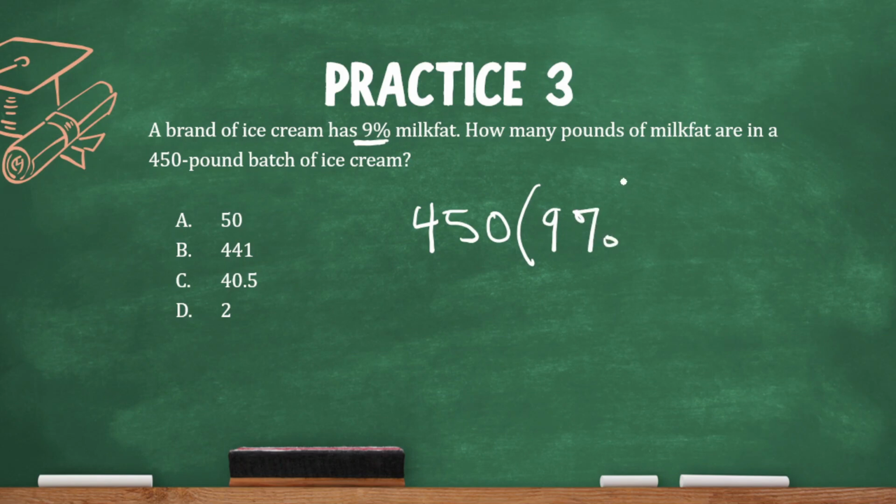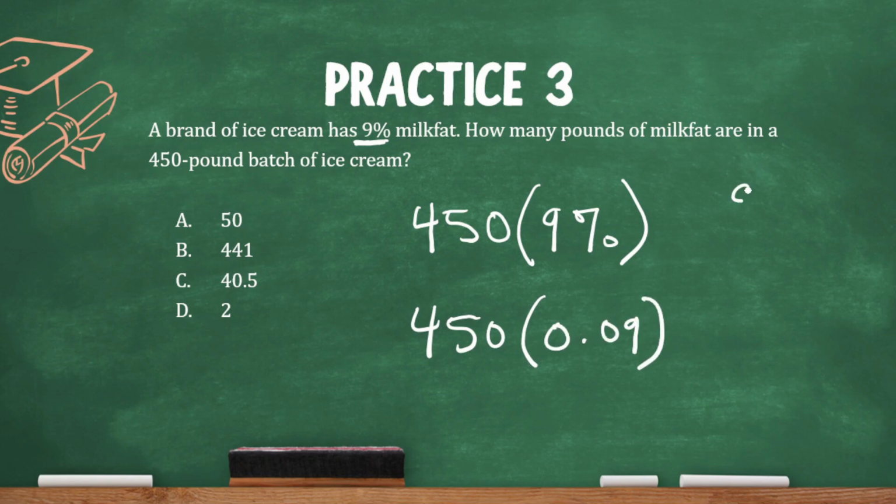So we can either multiply it by 9%, including the percent button in the calculator, or you could multiply it by 0.09, right? Any percent, like 9% means 9 divided by 100. So if you do 9 divided by 100, you're moving the decimal back 2 places, and so that's the same as 9% right there.